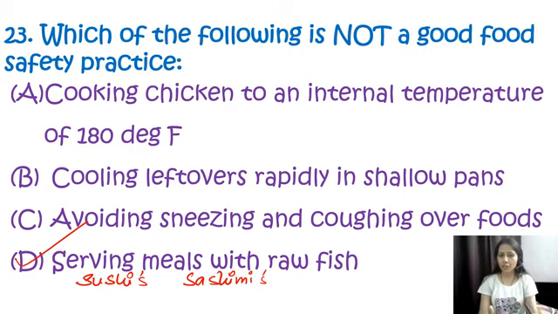Not all types of fish are suitable for serving raw due to the risks of contamination with parasites or bacteria. So proper sourcing, handling and preparation of raw fish minimizes the risk of foodborne illness. So my correct option is D, that is serving meals with raw fish.